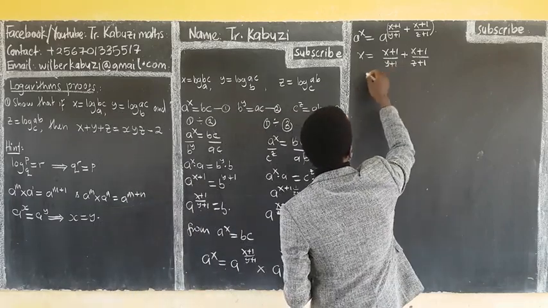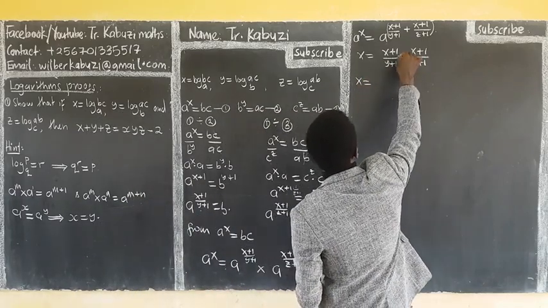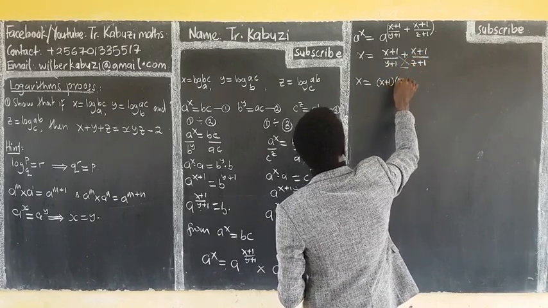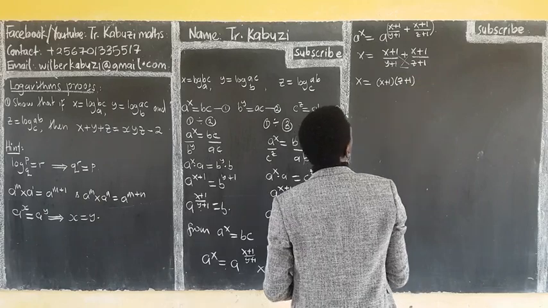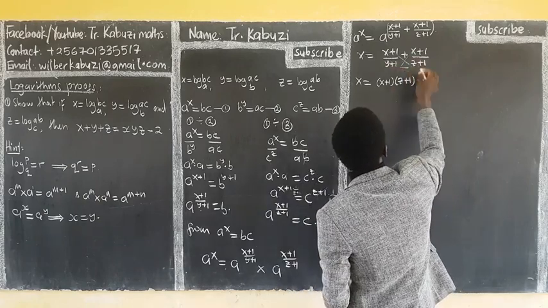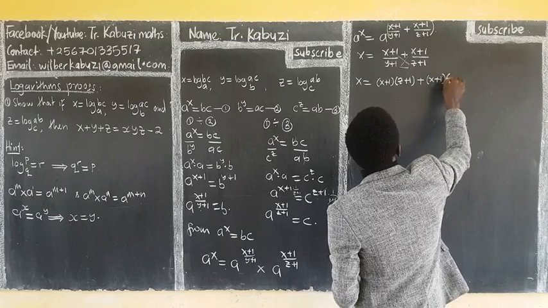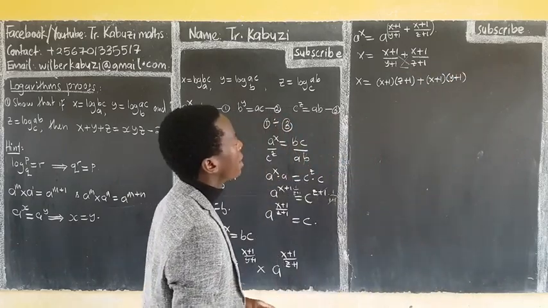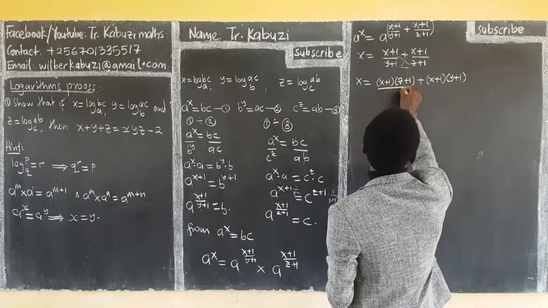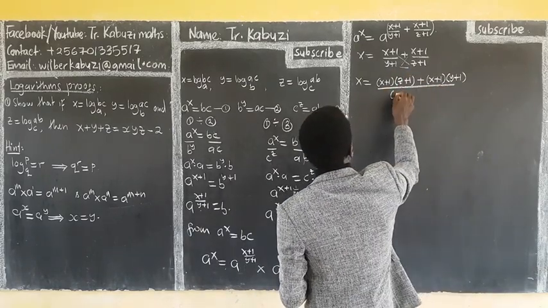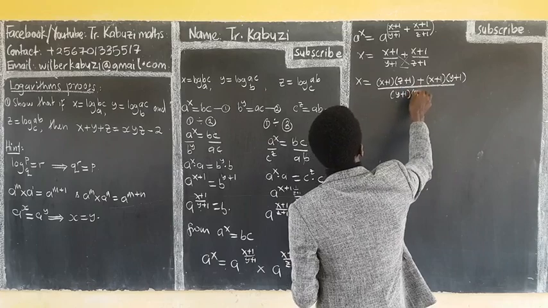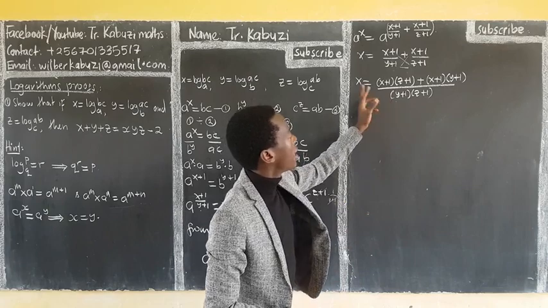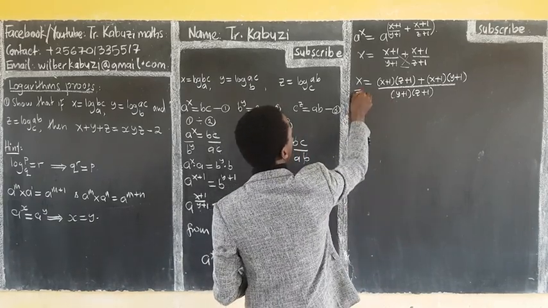So I'm going first of all to cross multiply to get the LCM. Cross multiply this and this, we shall get x into z plus 1, then plus this x times this into y plus 1. The whole thing, remember, we are dividing through with this times this, y plus 1 times z plus 1. So we start from here also. I'm going to cross multiply. So this is over 1.